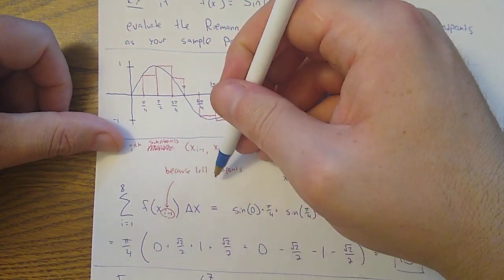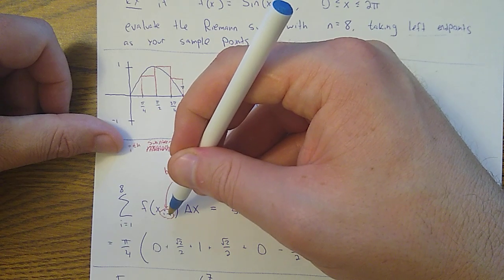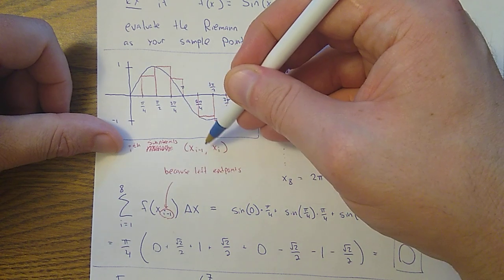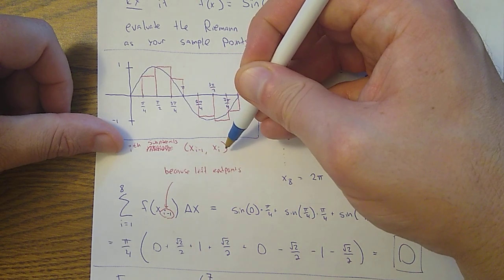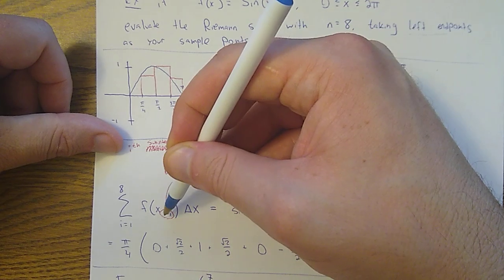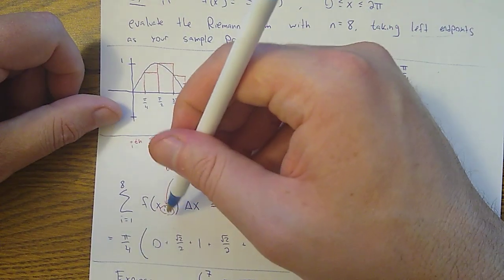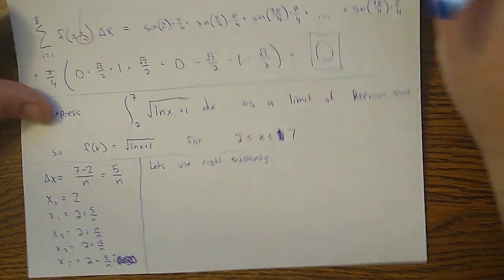Well, we sort of discussed this last time. When I wrote this sum, this was an i minus 1 because we were using left endpoints, because this is the left endpoint. If we were using right endpoints, I would use this one, and then this is just x sub i. For some reason, I just find that easier. If this is x sub i, I find it simpler. So I prefer right endpoints.